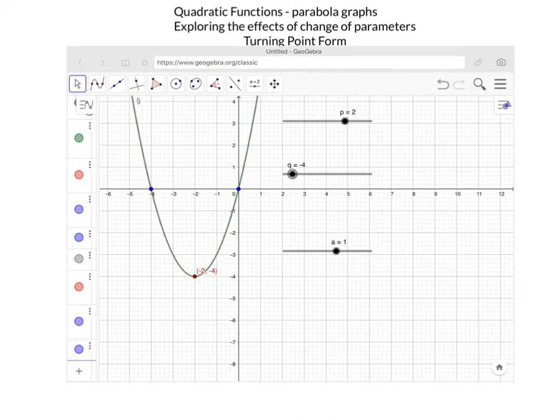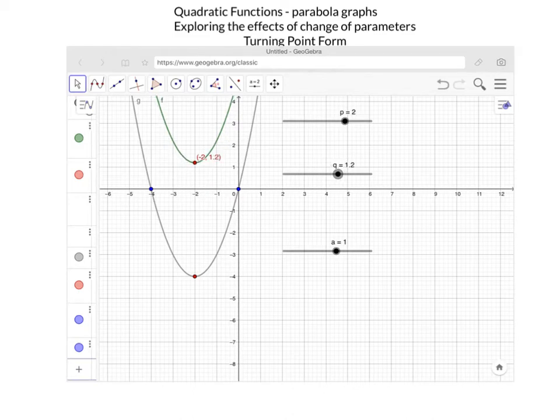My turning point is (2, -4). If I change q, if q is increasing, the graph will also go up. So there's no confusion here. And you can see as I change q, only the y-coordinate of the turning point changes accordingly.